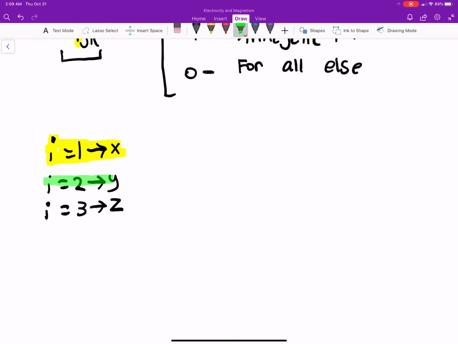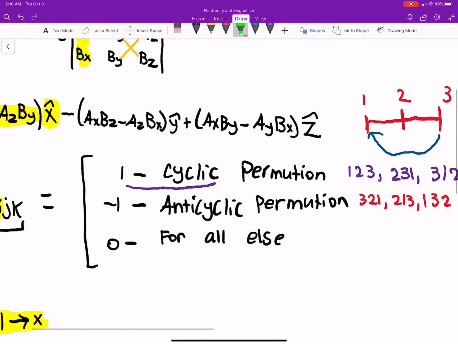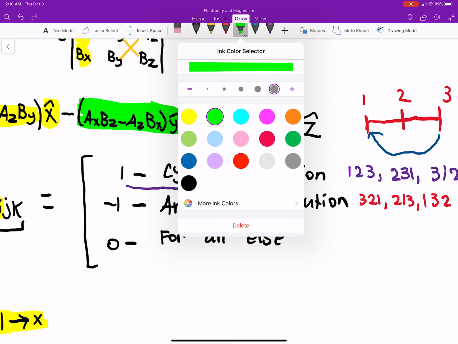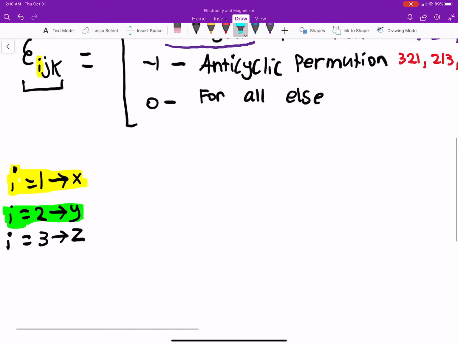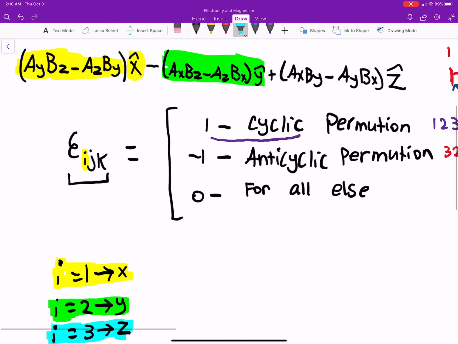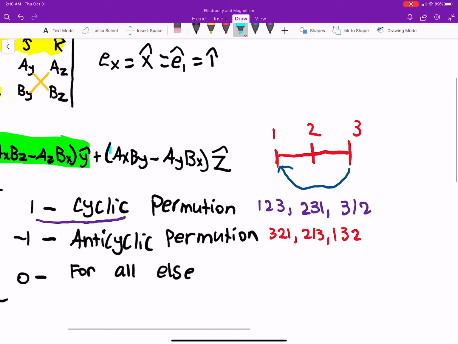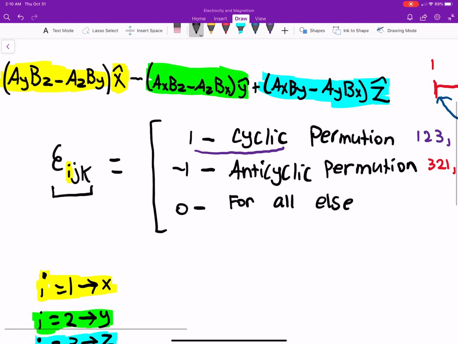When I is equal to 2, that tells us we're looking at the y part. And lastly, we can let I be 3, and in that case, we're finding the z part. Hopefully that makes sense. At least we're starting to break this down a little bit.